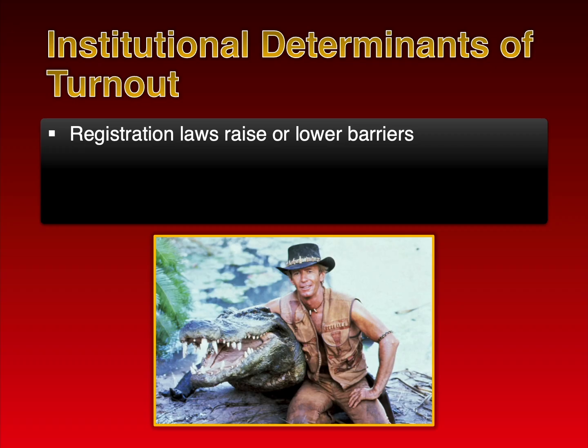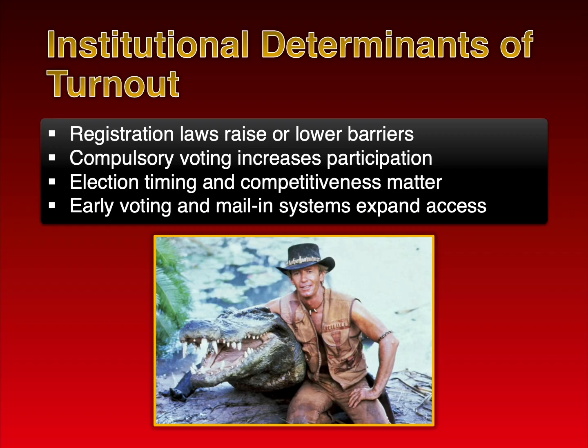Institutional determinants of turnout. So institutions structure the ease and meaning of participation. We're going to skip through here real quick. Strict registration laws requiring voter ID, weekday voting rather than weekend voting or holiday voting, basically requiring people to get out of work, and limited polling access will suppress turnout.